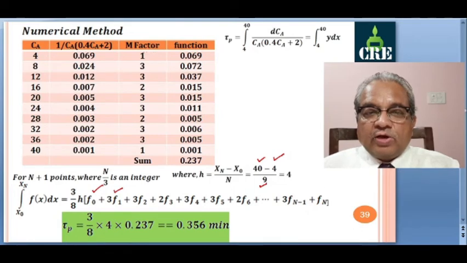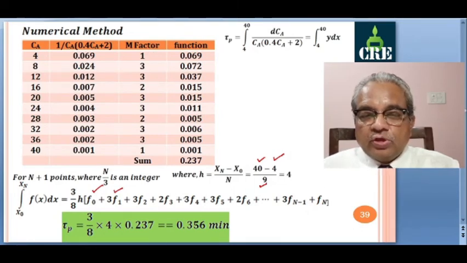I have written the multiplying factors here: 1 3 3 2 3 3 2 3 3, and the last point is multiplied by 1. So this column is multiplied by this column and all is summed up.